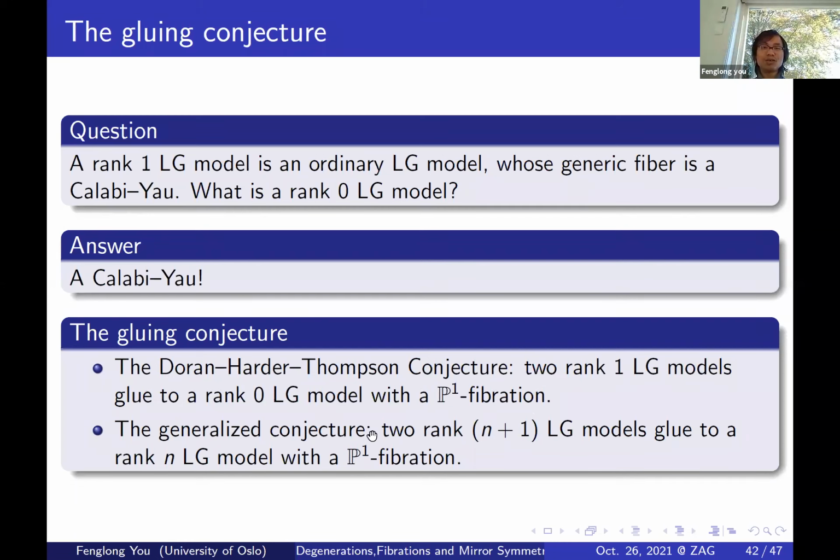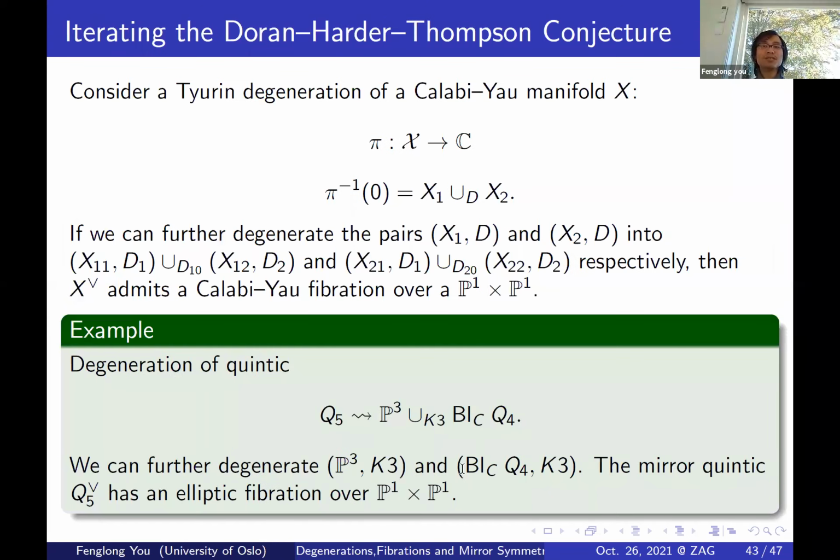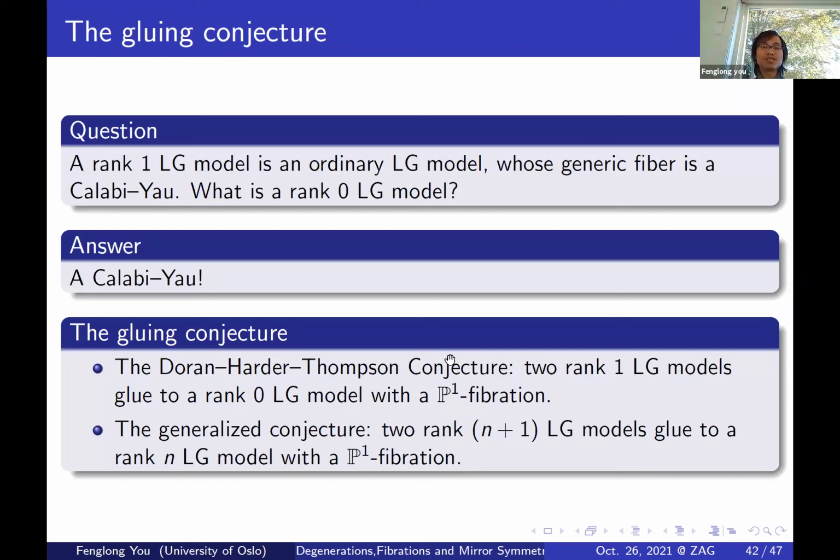In general, we can glue 2 rank n plus 1 Landau-Ginzburg models to a rank n Landau-Ginzburg model with a P1 fibration. And so the original conjecture is just the rank 0 case of the more general conjecture.